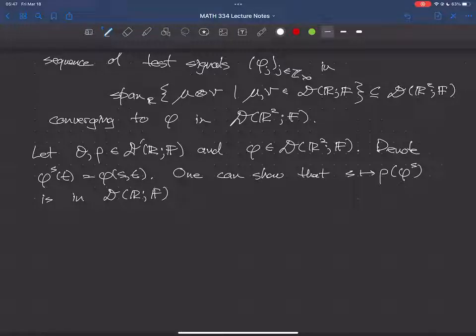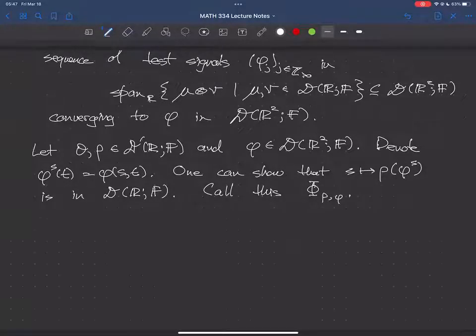You might want to get a handle on it by looking first at the case where rho is theta_f, the distribution corresponding to a locally integrable function, and see how that might arise. But it's true in general. Remember, it's a test signal, and we're going to call this function phi, rho comma phi.